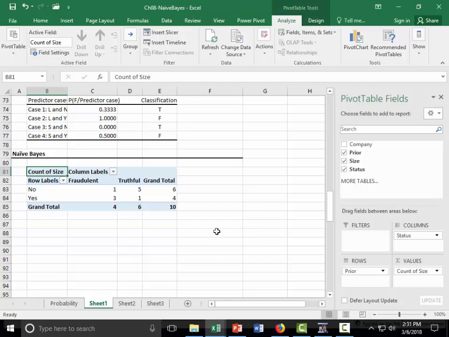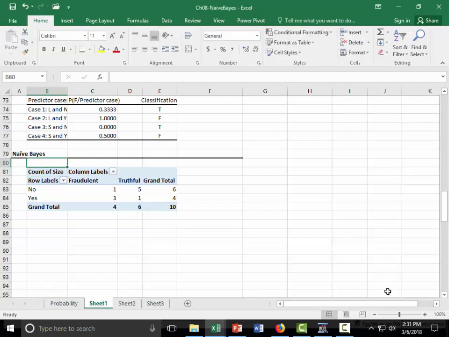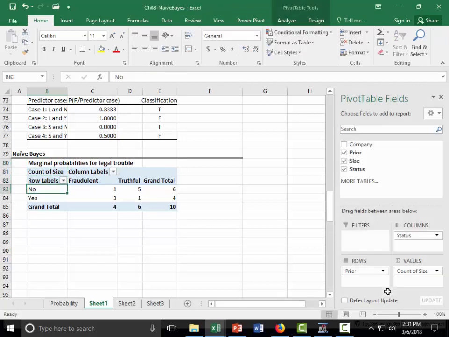All right. So now we have the frequency table for, so this is the marginal probabilities for legal trouble. Okay.